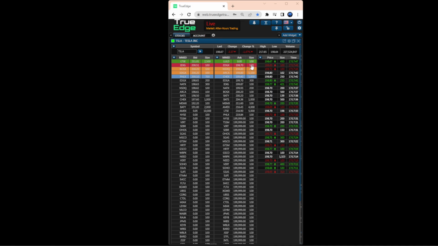So if it says 100, that means there's 100 shares. If it says 1,200, it means there's 1,200 shares. So whoever is the individual or group that has shares to sell on the NASDAQ, there's a total number of shares they want to sell, and that's what we see there. That's the visible amount of shares that they've indicated they want to sell.